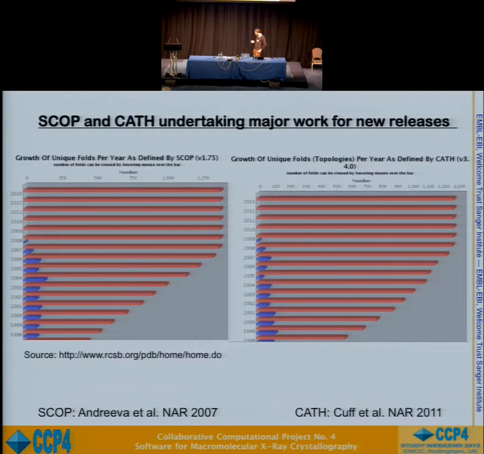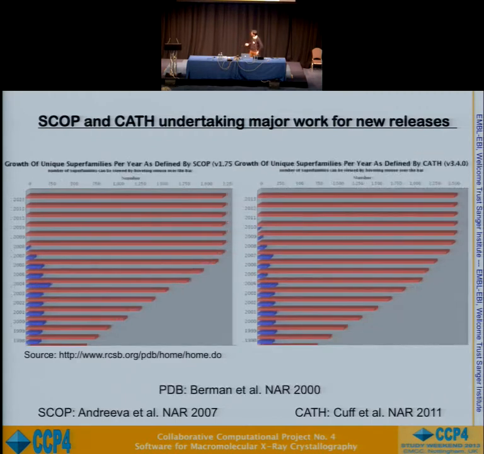So I hope we will be able to add this analysis to the proceedings if new releases come out of CATH and SCOP. I have to say the statistics here for CATH is for 3.4. There's a new 3.5, but still it's missing a lot of structures of recent years. And this is for superfamilies, so you know it's pretty clear that there's something missing.